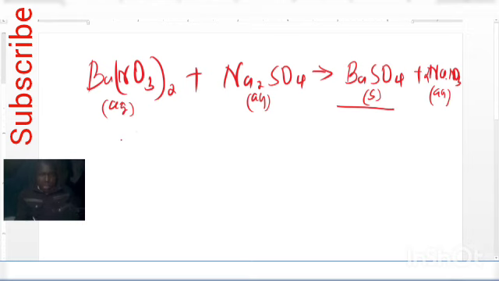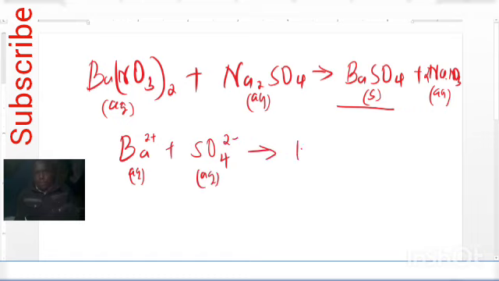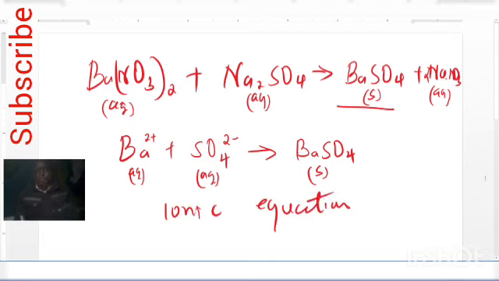So you just write barium ions, aqueous, plus the sulfate, aqueous, which will form barium sulfate solid, and this is the ionic equation. So once you have understood, you only write the ions which form the solid, or the ions which form the liquid, that's all, and you are done writing the ionic equation.